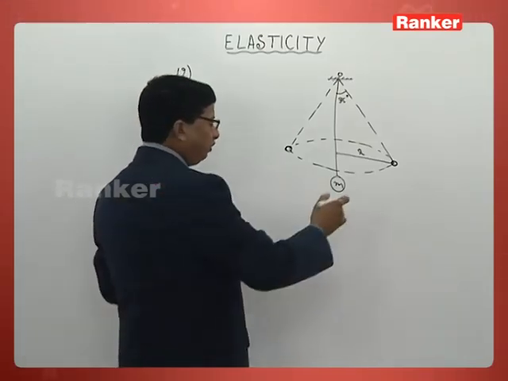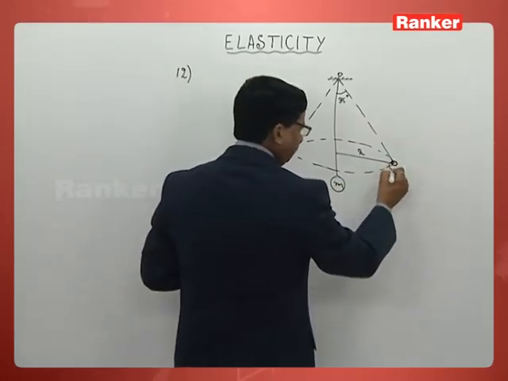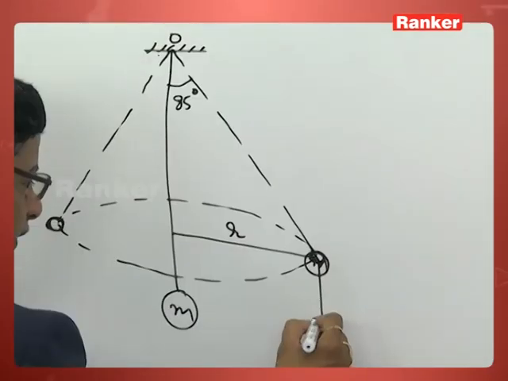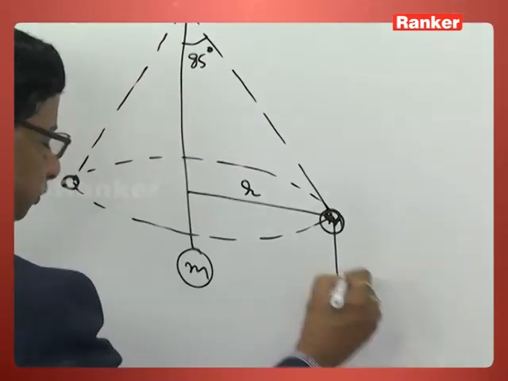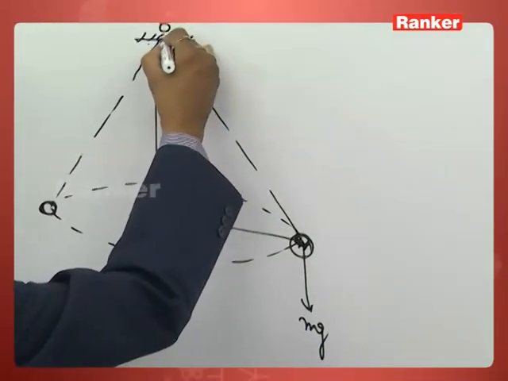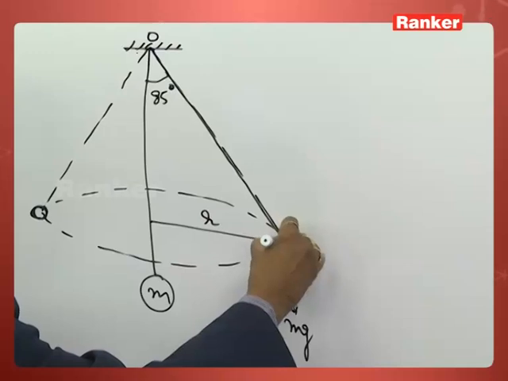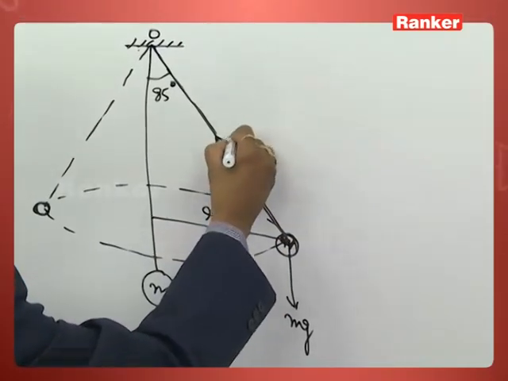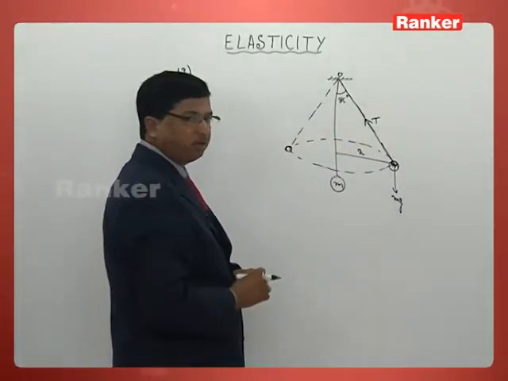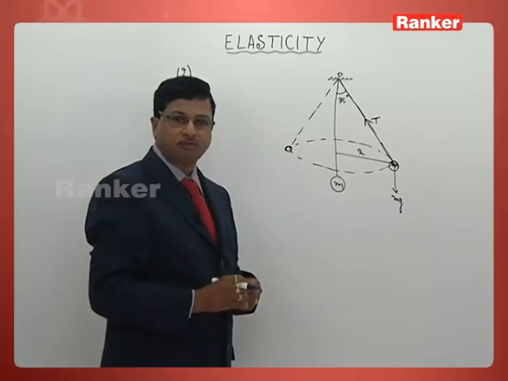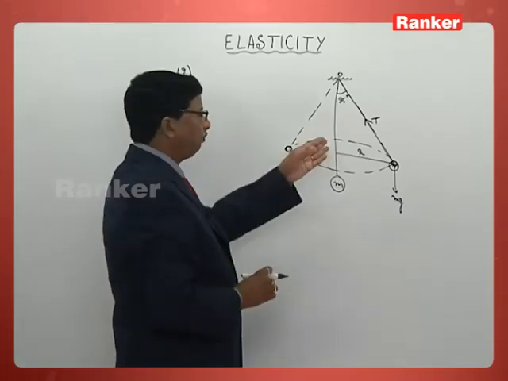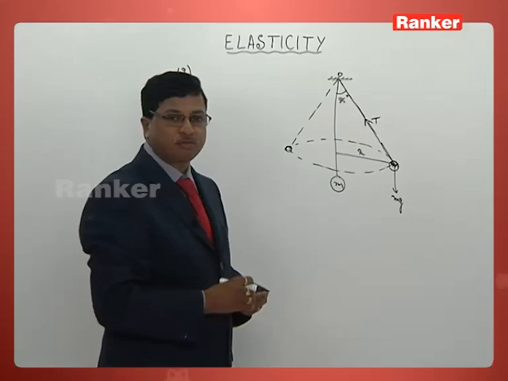So when you talk about this mass as m, its weight will be acting downward. And we know pretty well, if I take this as the string, there will be stiffness in the string which is called tension in the string. That always will be towards the point of suspension of the string.